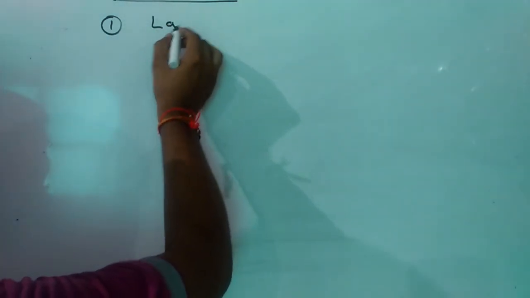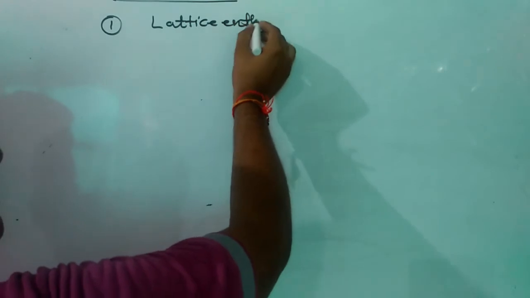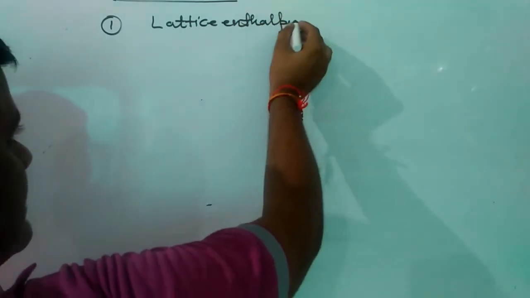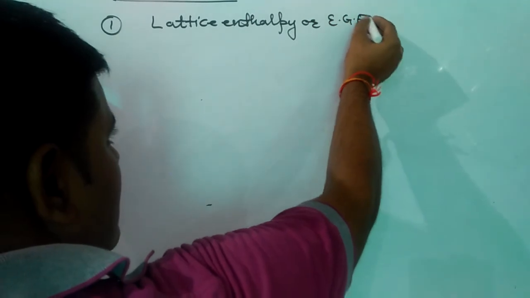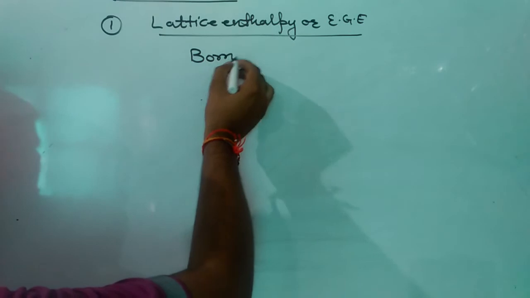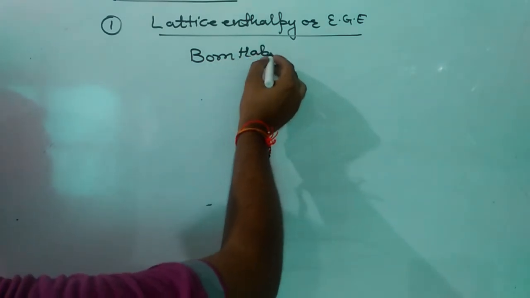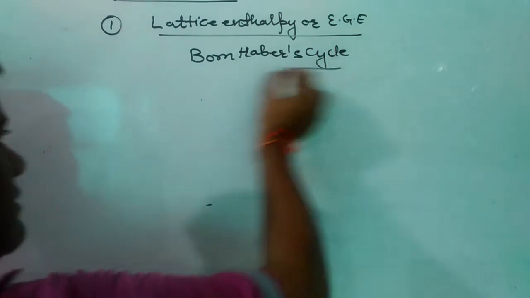lattice enthalpy or electron gain enthalpy. We have discussed in previous chapters, we can use the Born-Haber cycle to find out the lattice enthalpy or electron gain enthalpy.